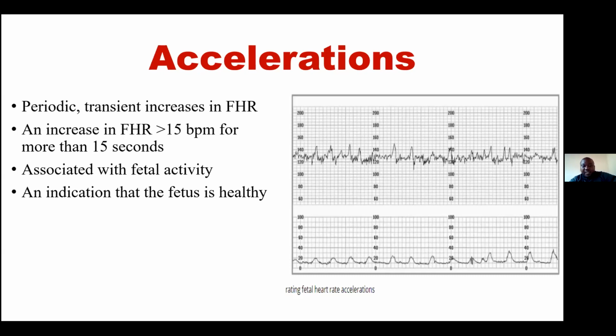So on this CTG, look at the two parts: the top is for fetal heart rate monitoring, whereas the bottom is the uterine contraction. Uterine contraction goes together with the fetal heart rate change. This acceleration is a good sign for the fetus's health. Next, please.